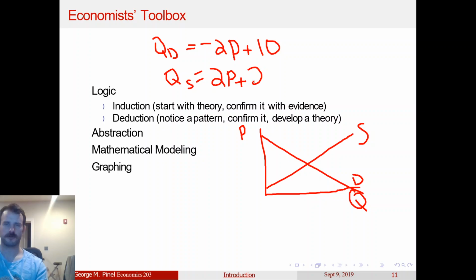We can actually solve these equations if you set Q equal to Q and P equal to P. So you're solving for this point here. If this doesn't make sense, we'll be doing it in a lot more depth a lot of times, but this is just a sample run for you to see.